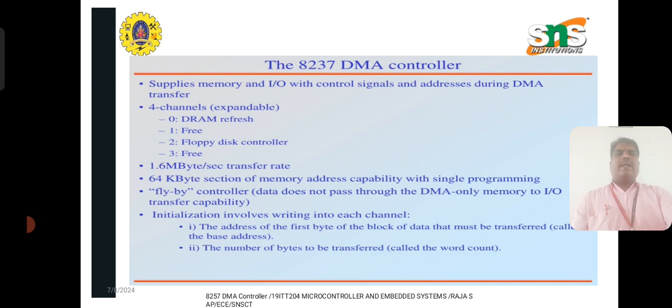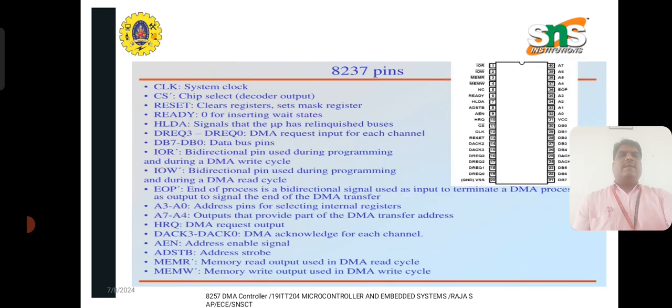It has a 1.6 megabyte per second transfer rate, 64 kilobyte sections of memory address capability with single programming, and a flyby controller, that is the data doesn't pass through the DMA, only memory to input-output transfer capability. Initialization involves writing into each channel the address of the first byte of the block of data that must be transferred and the number of bytes to be transferred.